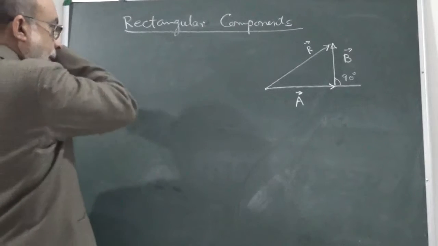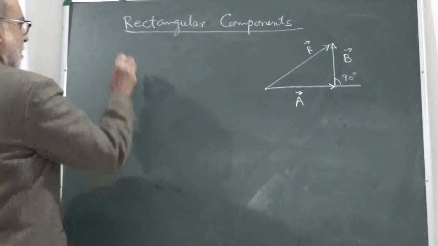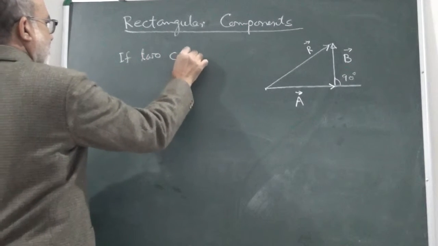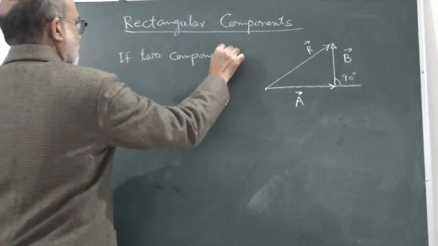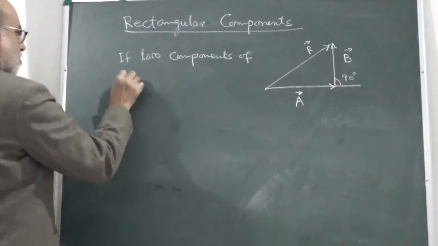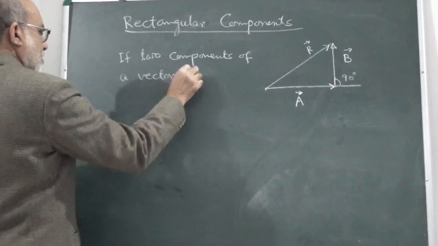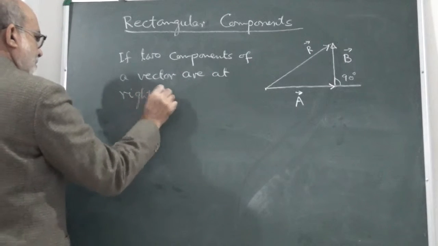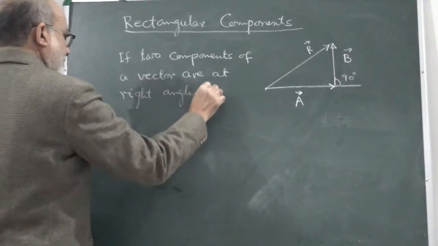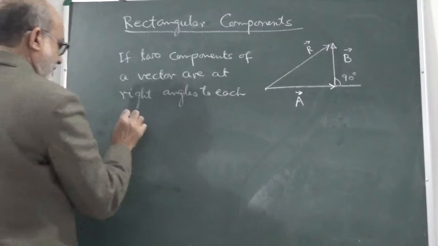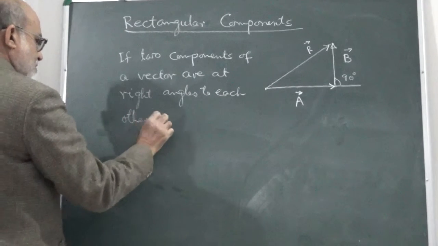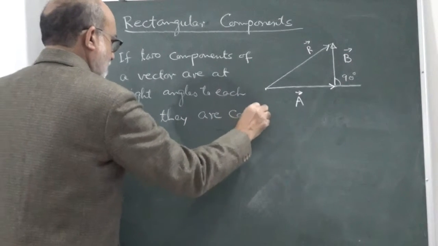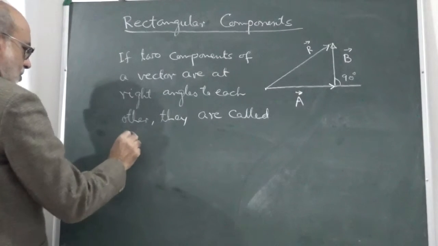Here, if two components of a vector are at right angles to each other, they are called rectangular components.